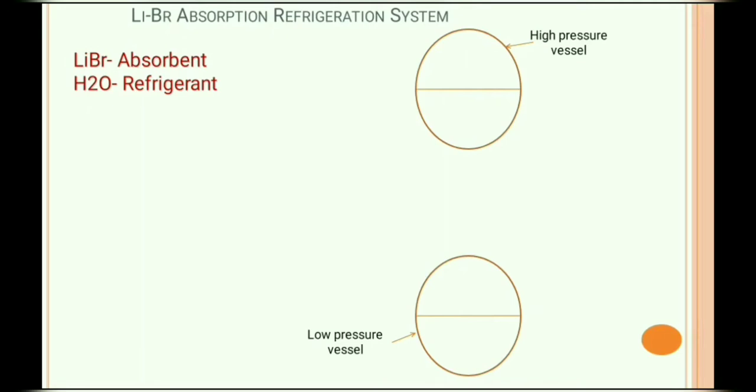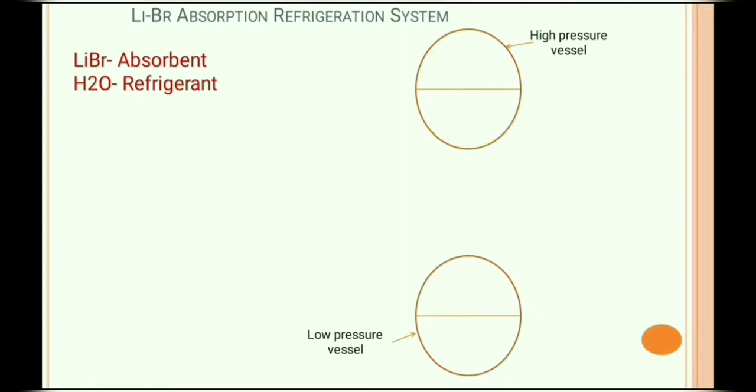We all know the condenser and generator are at the same pressure, and that pressure is said to be the high pressure. That is why the generator and condenser are in the high pressure vessel.